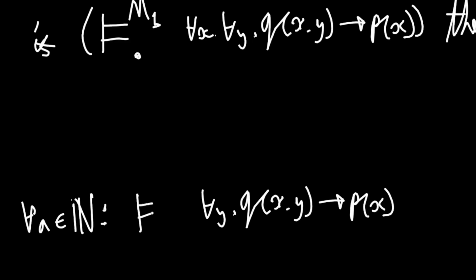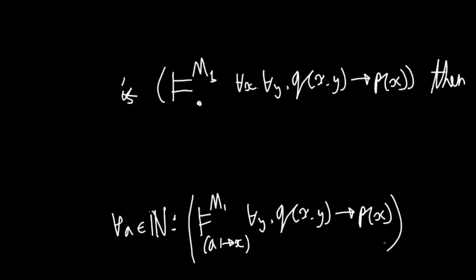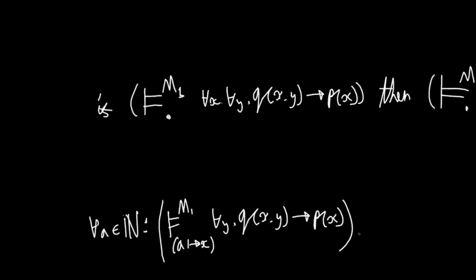And then it's going to be the turnstile of M1, where instead of an empty mapping, we're going to map A to X. Sometimes you'll see it as X maps to A. That's a pretty reasonable way of doing it, but it doesn't really matter. All that matters is that there's a correspondence there.